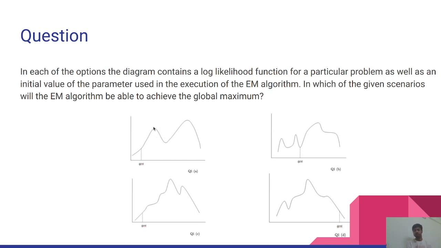From here, if we go left, it is a downward path. Also if we go right, it is going down, right? So at this point, the maximum is here. We will get stuck at this point and we will not be able to reach here. So this is the global maximum and this is the local maximum, and if we start at this point, then we'll get stuck here instead of going there.